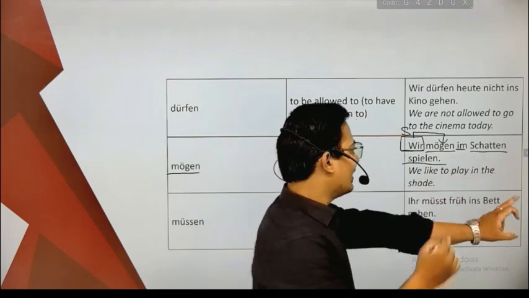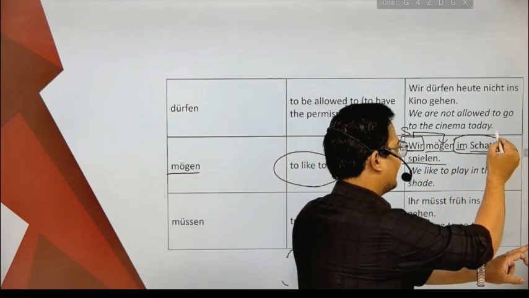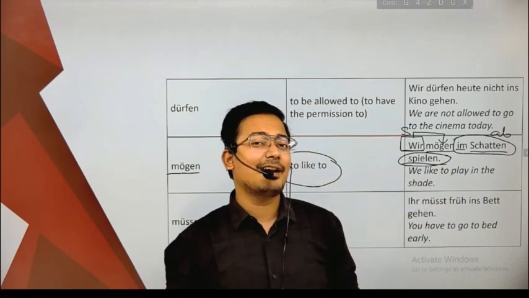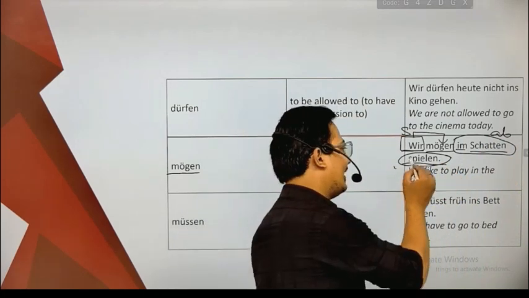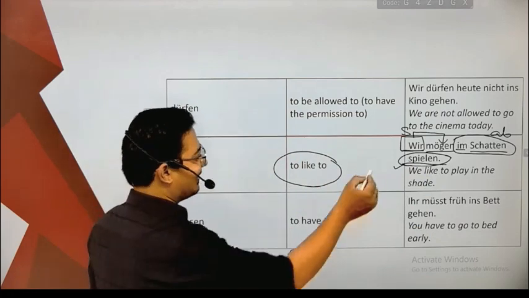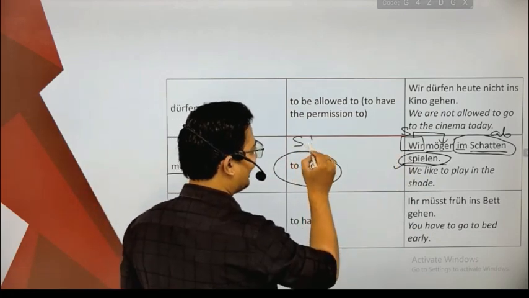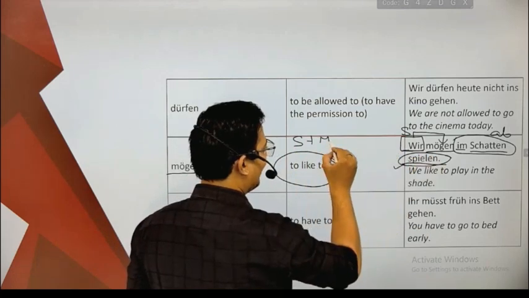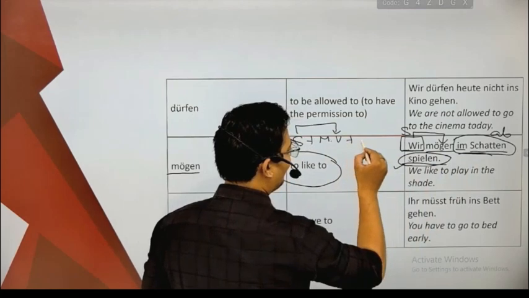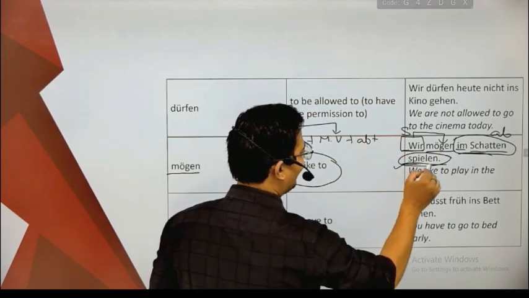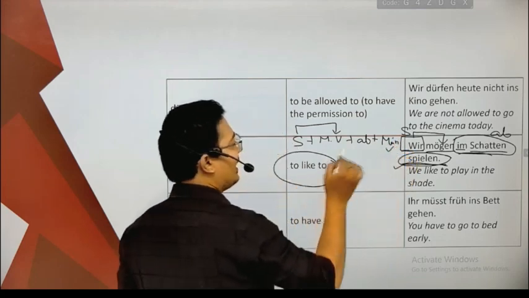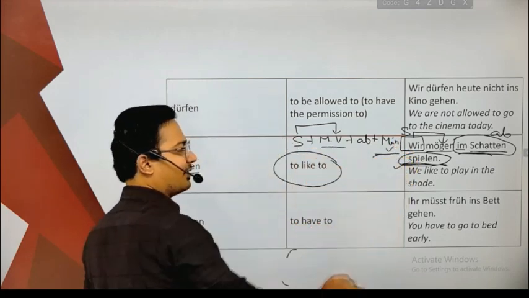Im Schatten is the object. And spielen means to play. Again, it is a main verb, so it is at the end. See, it is very simple. Subject wir, then the modal verb which comes according to the subject, then we have the object, and then we have spielen, the main verb. This verb is in infinitive form, and this verb is conjugated.